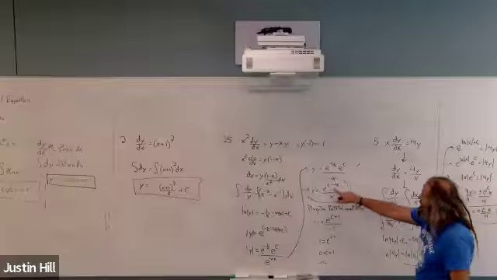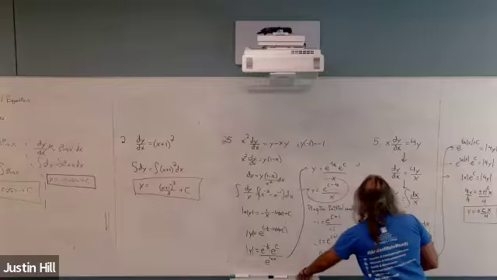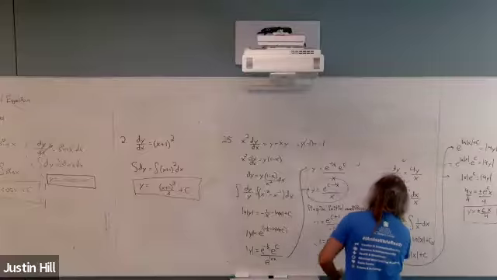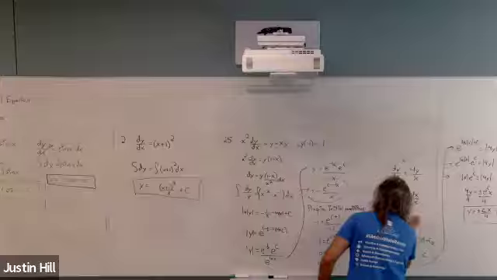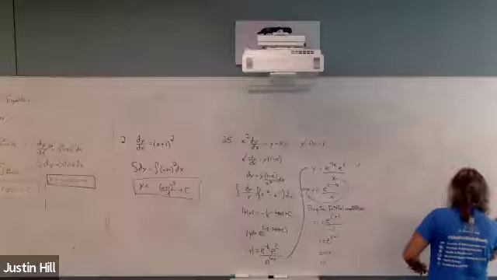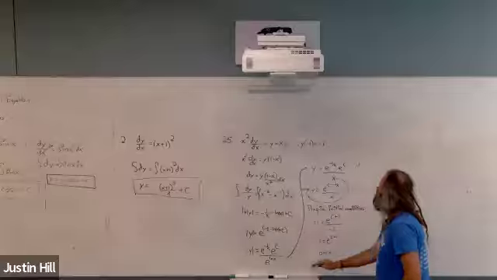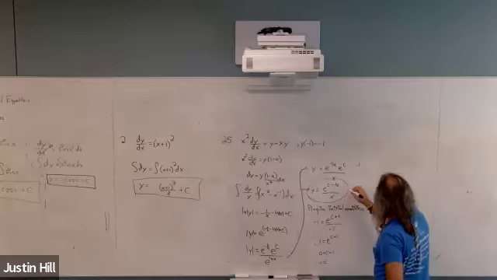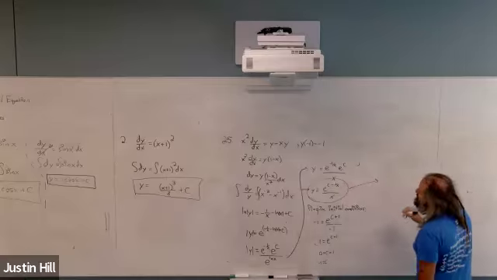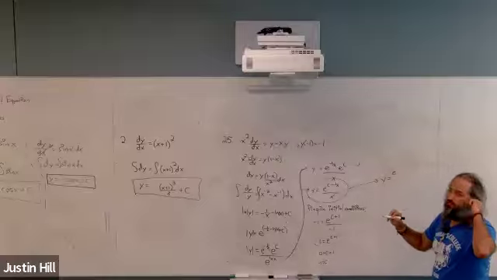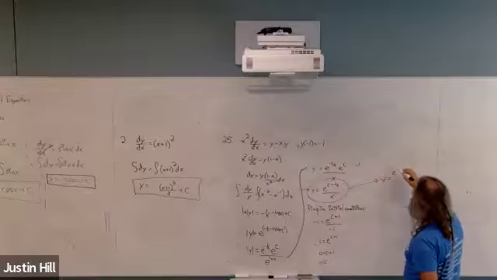Which means I can then go back to my general solution, sorry, it's starting to get crowded, plug in -1 for c, and then I have the specific solution.